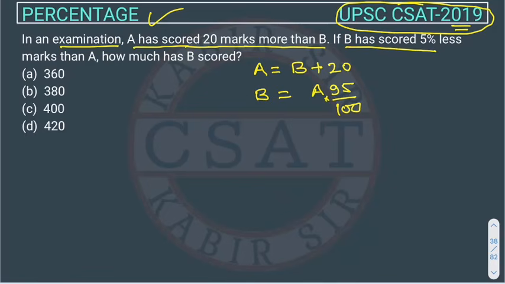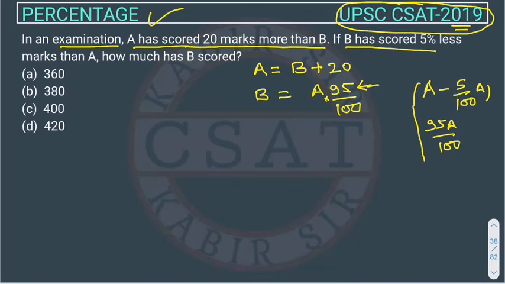Now some students may get confused, like why we are writing 95%. Okay, so you can assume it like this, like the marks of A is this much, A, and B is getting 5% less. So it will be like this. When you solve this, it will come out 95 A upon 100, right?